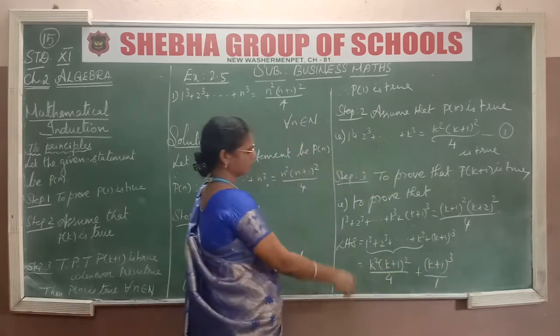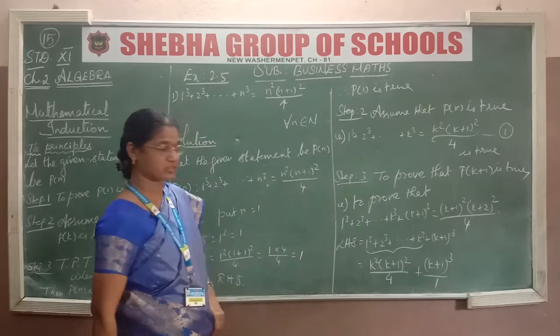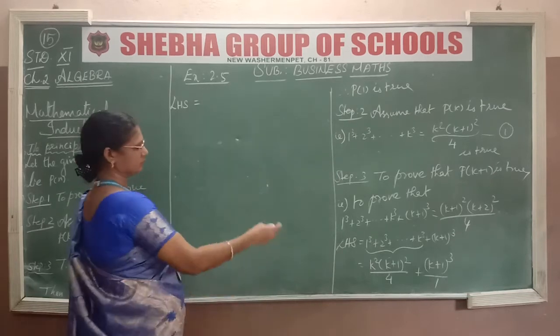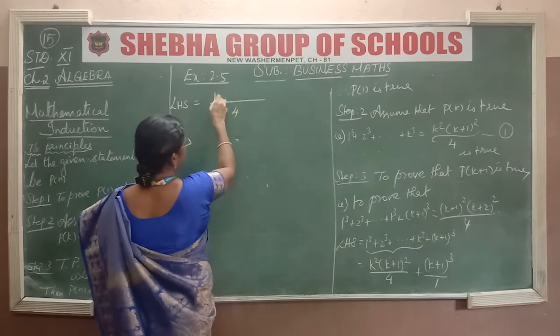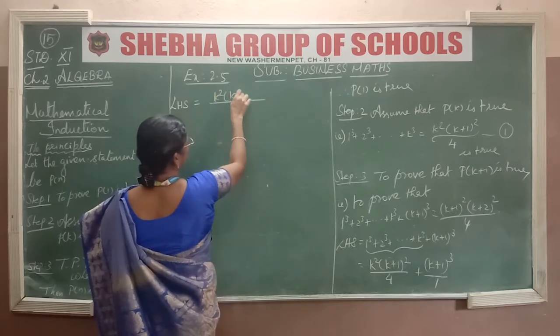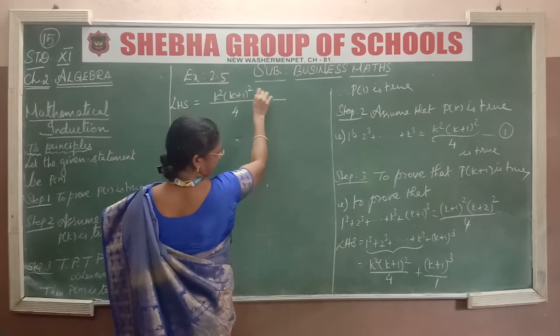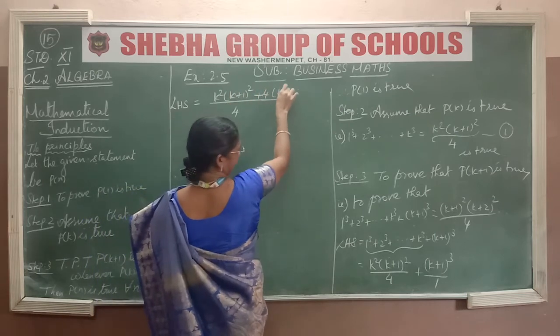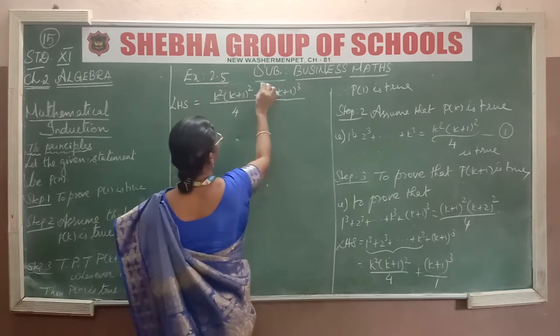Now we are having 1 in the denominator in the second term. Now taking LCM as 4. So we get, taking 4 as LCM, k square into k plus 1 whole square plus 4 into k plus 1 whole cube. Now we are having two terms.